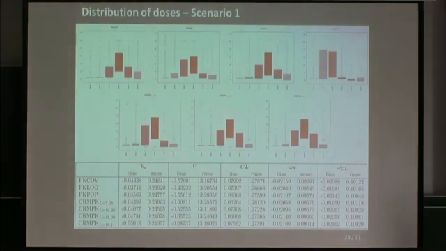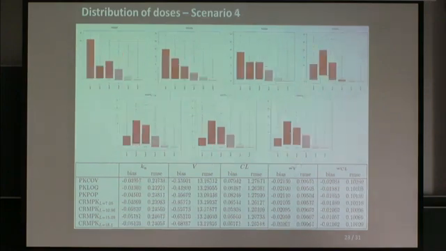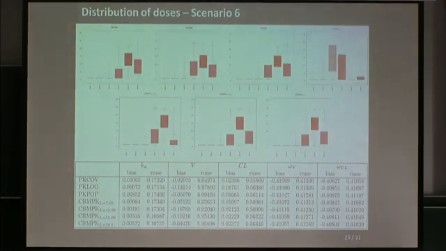I know there is a table with many numbers. Trust me, they are more or less all the same, so we cannot see any big difference, despite the different distribution of doses. Then also in scenario 4, when we add variability in omega alpha, and in scenario 6, where we reduce the variability of omega CL, of the clearance.